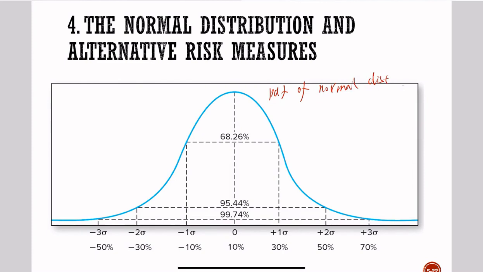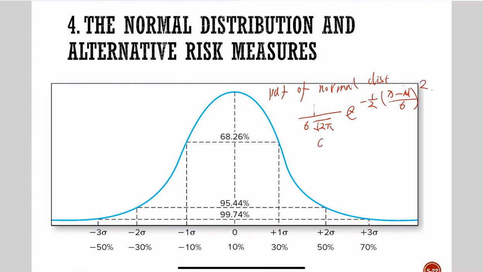And the probability density function of a normal distribution is given by 1 divided by standard deviation times square root of 2 pi, times e to the power of minus 1 over 2 times x minus the mean divided by standard deviation, squared.